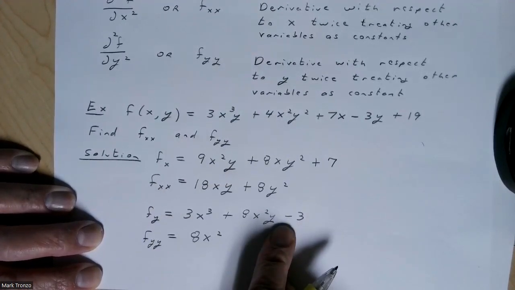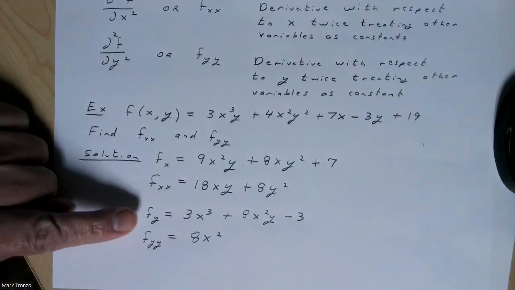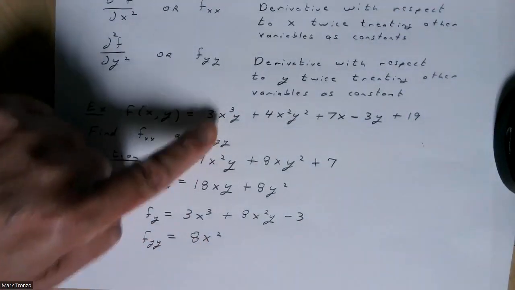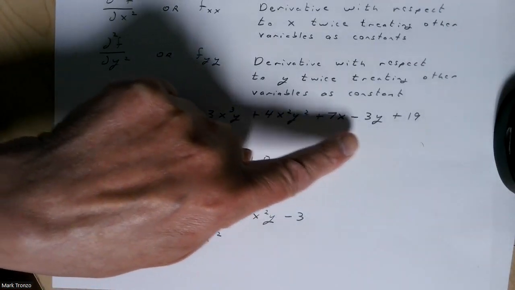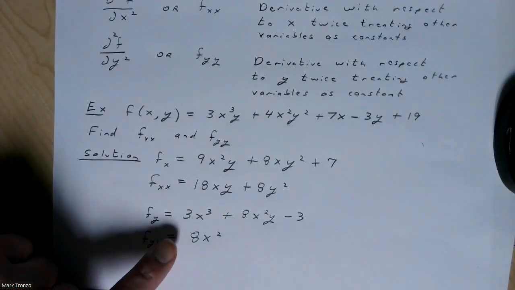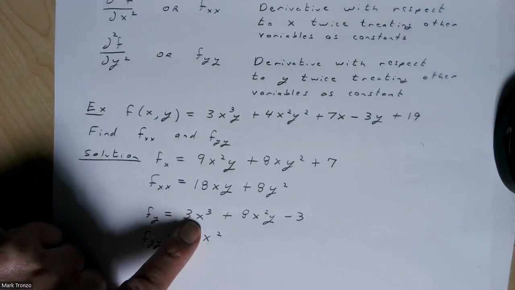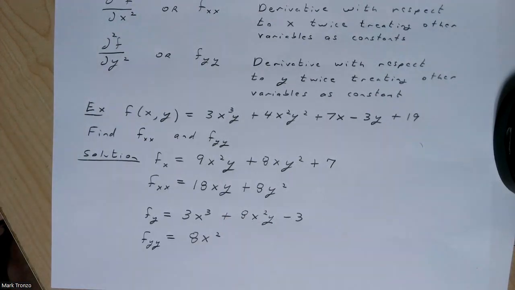And of course, the derivative of a constant is 0, and we get that. So again, took the first derivative with respect to y. And then 0 minus 3, then took the second derivative. Again, we go back to the first derivative, take the derivative of that with respect to y, that's 0, 8x squared, and 0 like that.